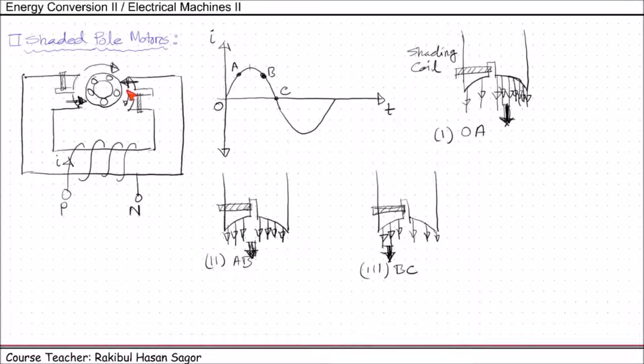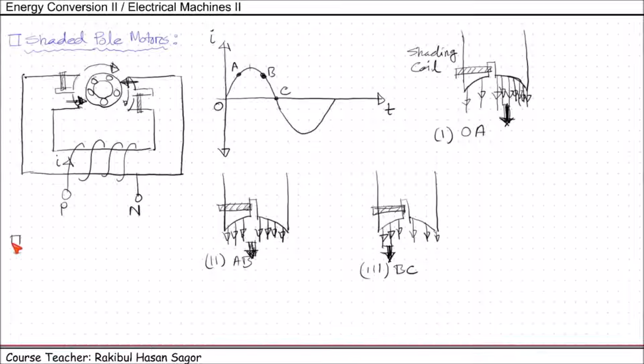So as if these fields are moving from non-shaded side to shaded side, and the rotor will experience an influence of this moving magnetic field. Consequently, a small starting torque is developed in the rotor side. As soon as this torque starts to revolve the rotor, additional torque is produced by single-phase induction motor action. And the direction of this motor is from the non-shaded pole side to shaded pole side.